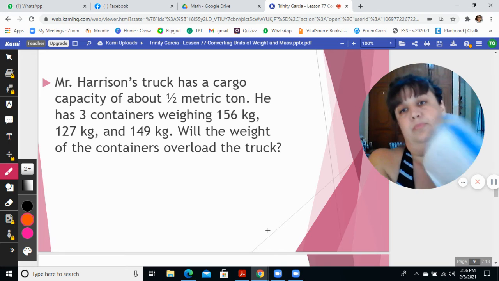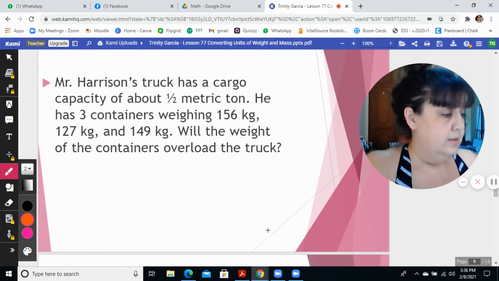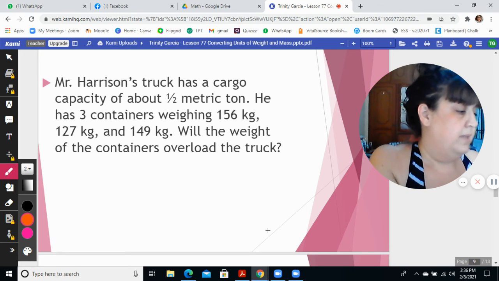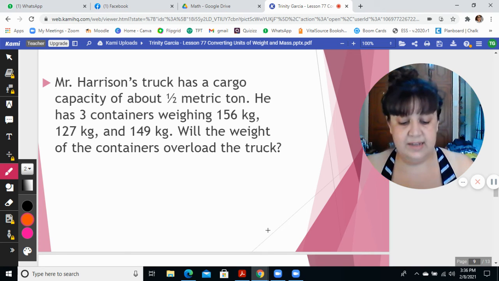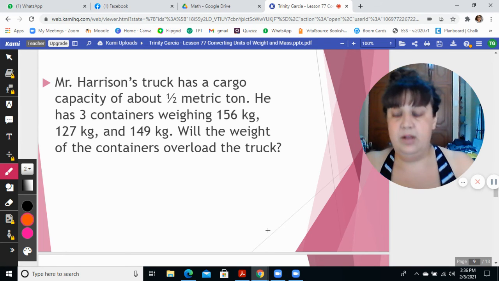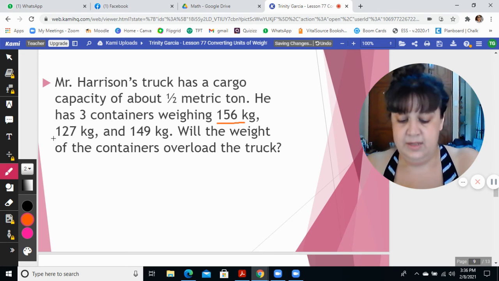So we know that he can hold a half a metric ton. And we estimate the total by using compatible numbers. We don't need to get exact, but we need to estimate. So we're going to estimate 150, then 125 because that's pretty close, and then 150 again.